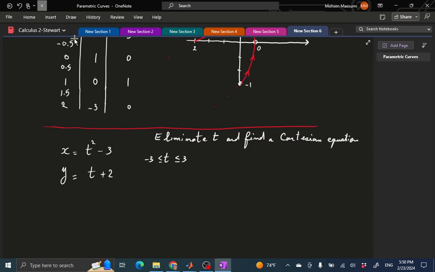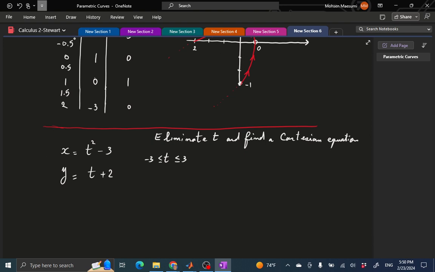Eliminating t means what? Means connecting x and y to each other without the middleman of t. T here is a middleman that decides what x is going to be and y is going to be. But now we are going to tie x directly to y without the presence of t.